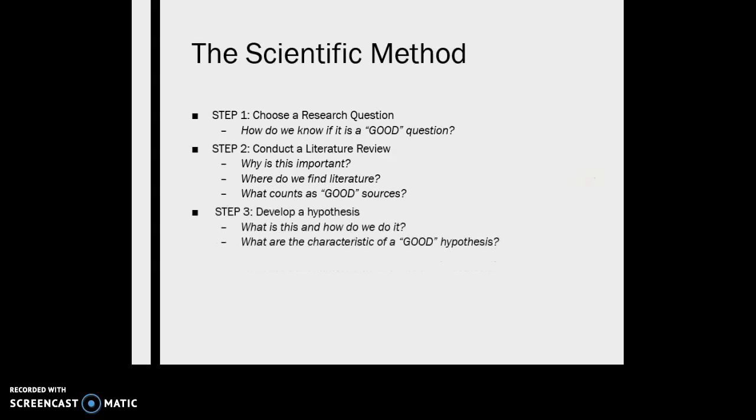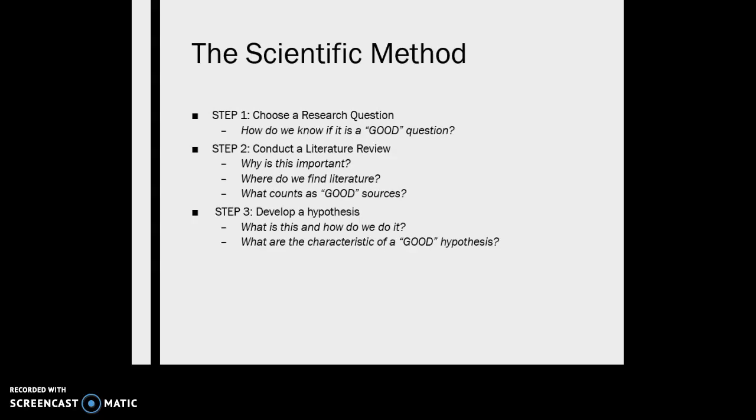The third step is to develop a hypothesis. We talked about this as being an explanation or prediction about certain events. Oftentimes we will make statements about the direction of the effects. So I might say something like people who are high on the personality trait of sensation seeking are more likely to be heavy drinkers. That would be a hypothesis.